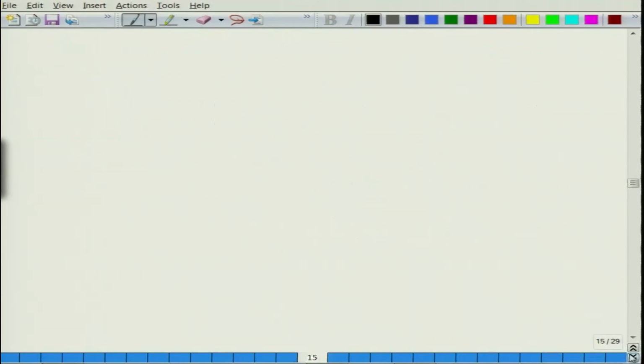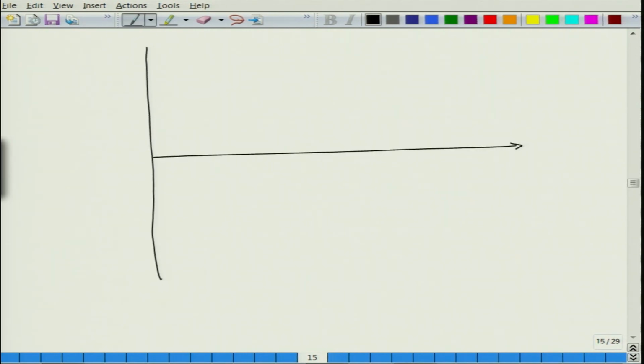Okay. So, now when we plot this potential energy as a function of distance, this is 0. This would be positive and this would be negative. Naturally the positive part will be defined as repulsion, and it is characterized by the term B divided by r to the power m.